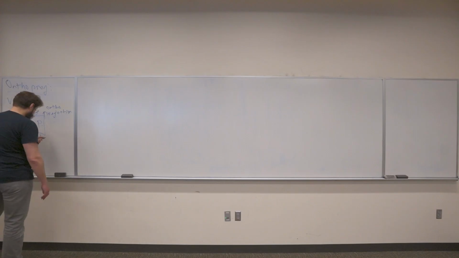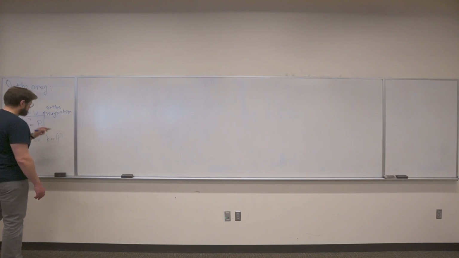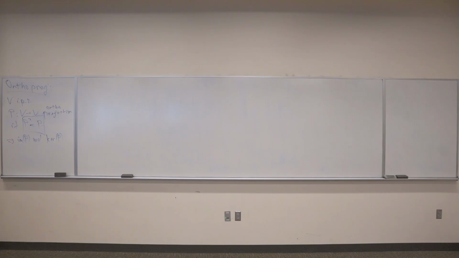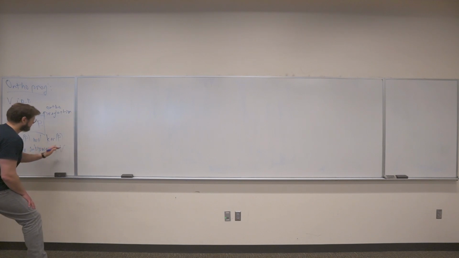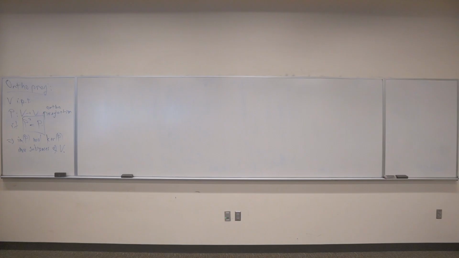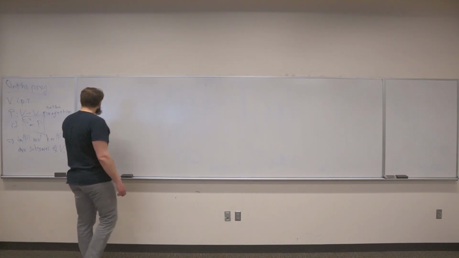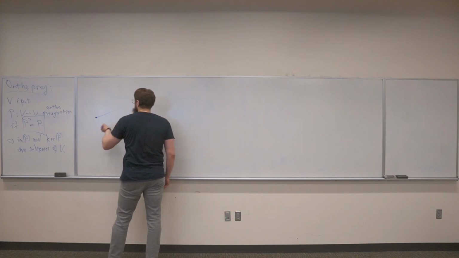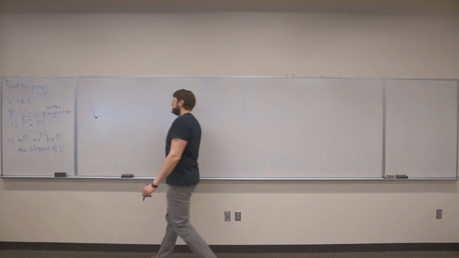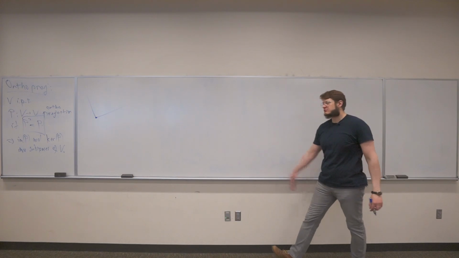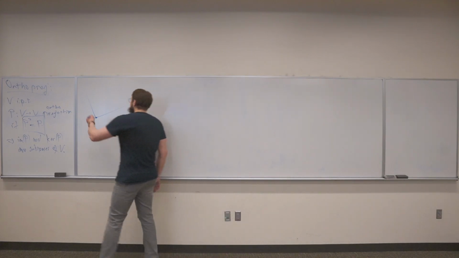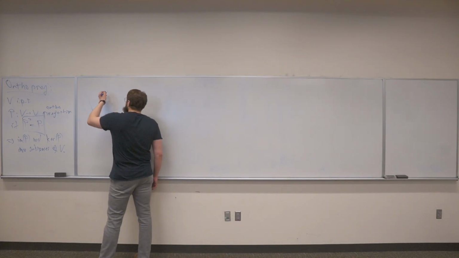And image of P and kernel of P are subspaces of V. Well, the picture is something like this. I'm just going to pretend that these are two-dimensional or one-dimensional, whatever. But the point of looking at P is always something like this.